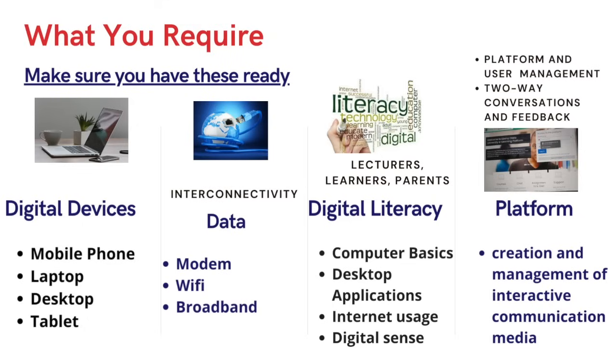Then the fourth one is the platform. And by the platform, we mean the learning management system where the basic activities of blended learning take place. Here, you will be able to manage your students and also enable two-way effective communication and feedback.